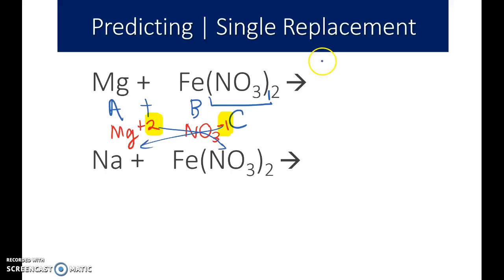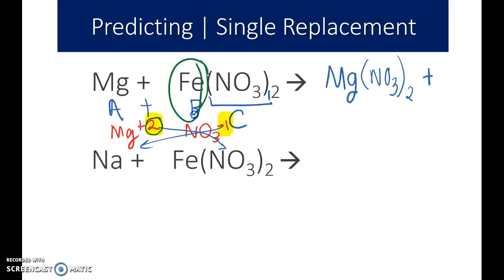And so our new formula, our new compound is Mg, and then we have 2 NO3 ions. So remember that when you have more than one polyatomic ion, you put it in parentheses, followed by the number of that polyatomic ion that you have. And then plus our element B, which is Fe, here will be all by itself.